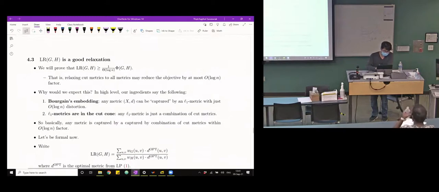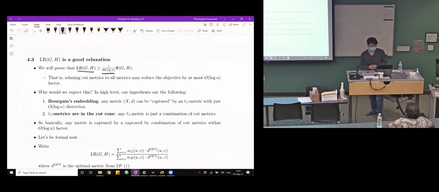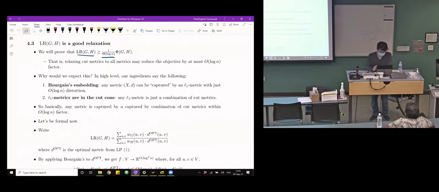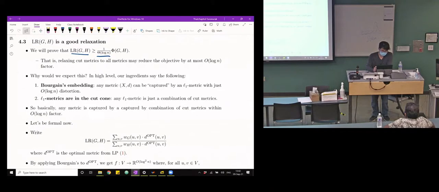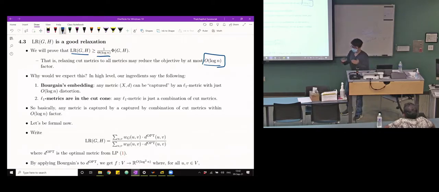So what we will prove is that LRGH, okay, it can be a bit smaller than the H expansion, but only by a log n factor. And as I kind of said last time, this log n factor shouldn't be too surprising now, because any metric is kind of close to a cut metric by the two ingredients that we have shown.